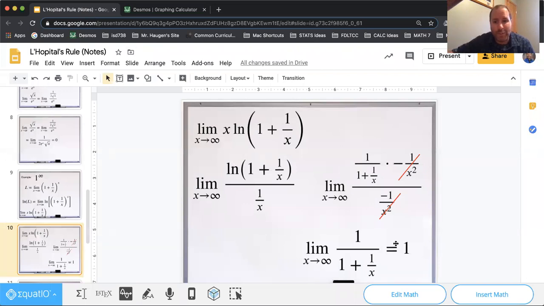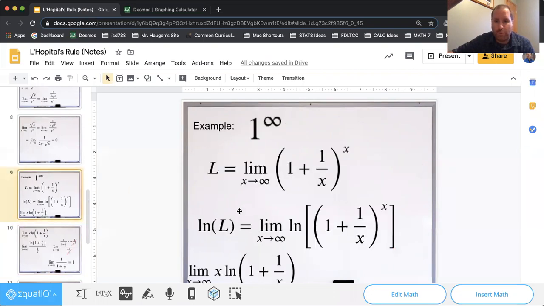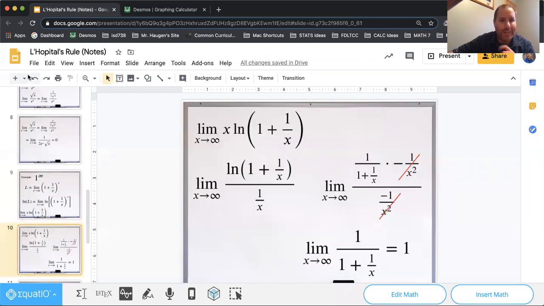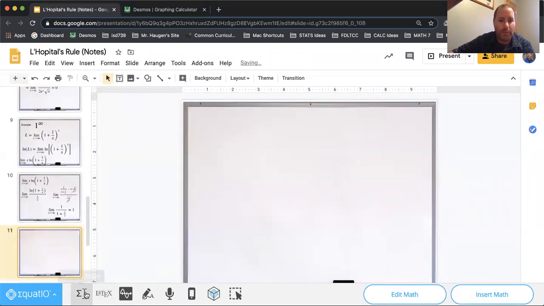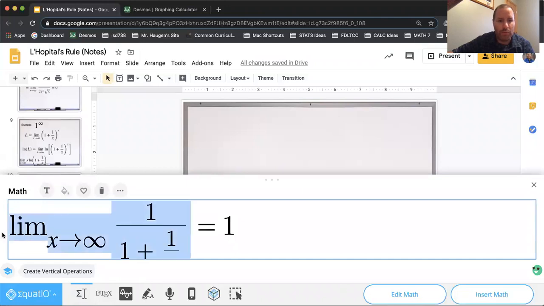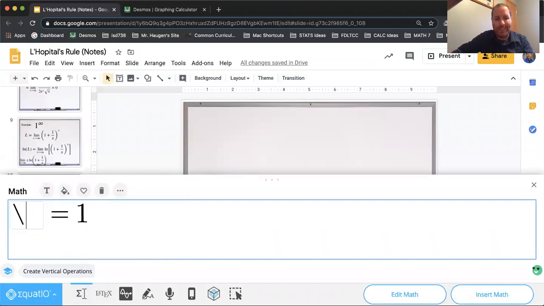Tell you what, remember we evaluated this limit, but what did we do to get here? We took the natural log of it, right? We did that piece. So there's still that final step left. And that's one that I sometimes forget about as well when I'm going through that. I say, oh, actually, that's not that.